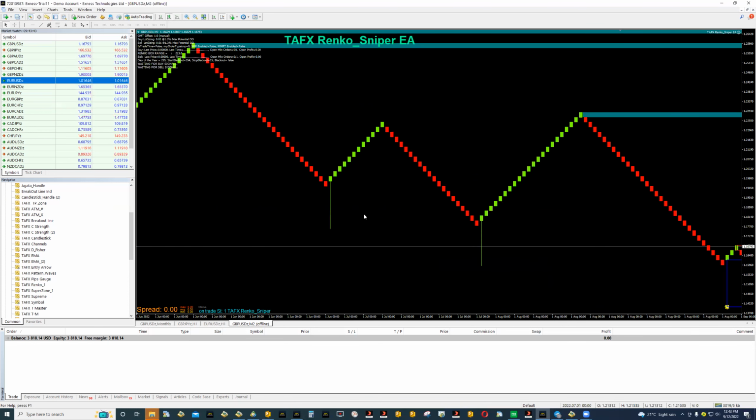In many pairs, you'll find there is a wick on the opposite brick, not a long wick like this one. This was news, the news that people have been hearing about. It was the news that caused this long wick, and I think I've covered it in another video. This is a golden opportunity that can make you a millionaire in a single day whenever you see this long wick. I think you can watch that video.